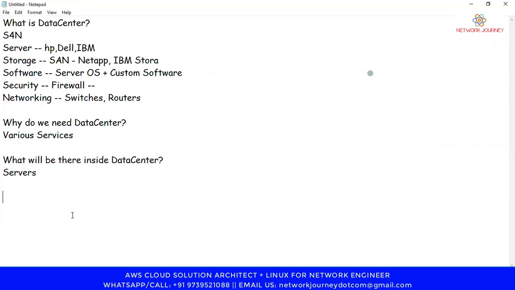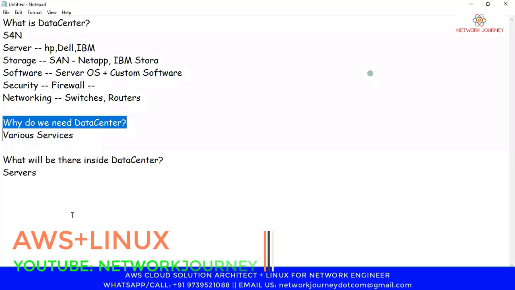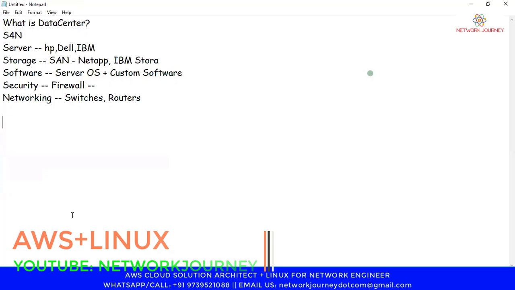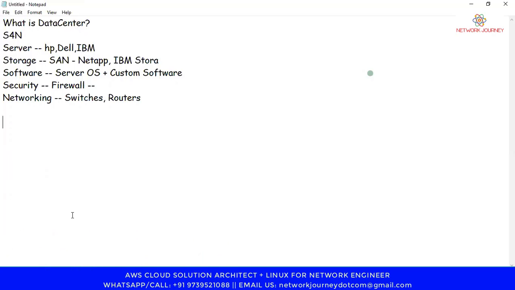Okay, very early days, so I'll just remove this because we understood what a data center is and why we need a data center. Data centers are for delivering services to our clients. That's fine. Now the same topic I can take.